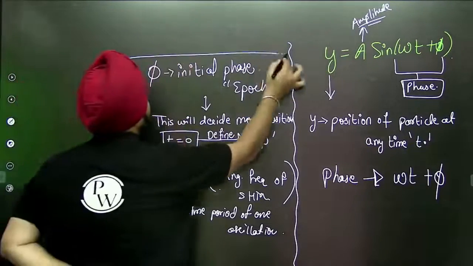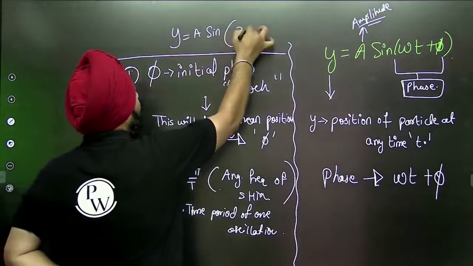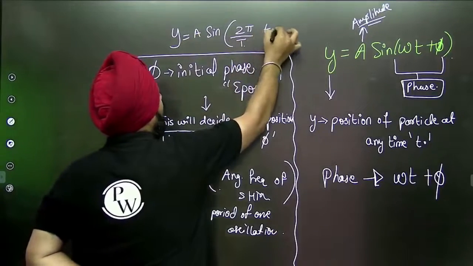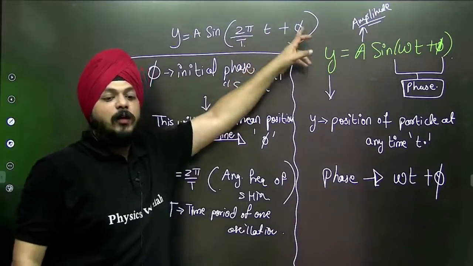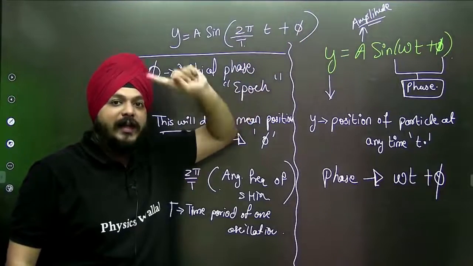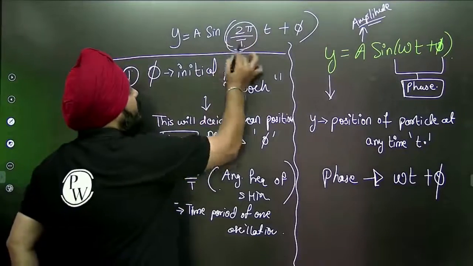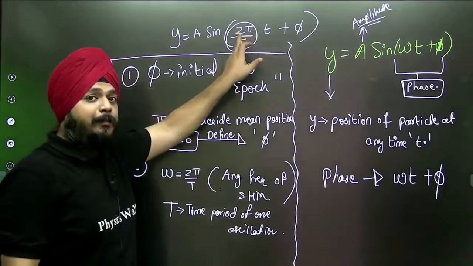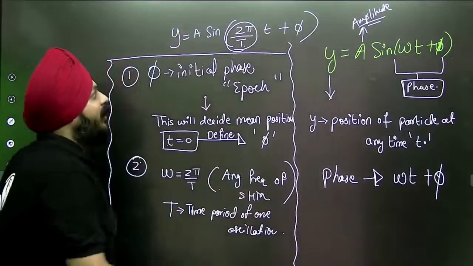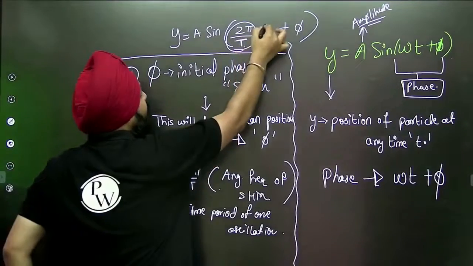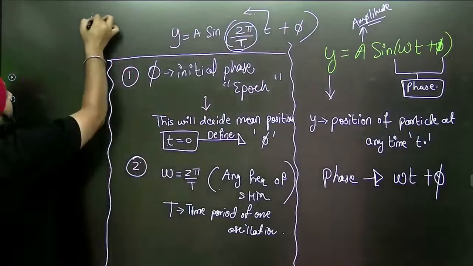See, Y is equal to A sine of 2 pi by capital T into small t plus phi. Initial phase at t equal to 0 shows from which position the particle is starting its motion. Angular frequency is with respect to the time period. So this capital T is the time period, and the small t is the time at which you want the position of the particle.